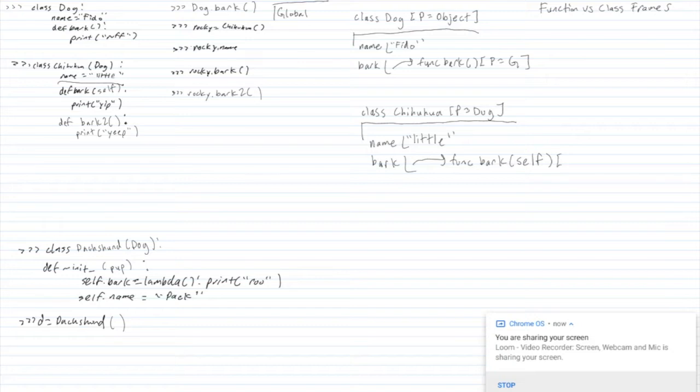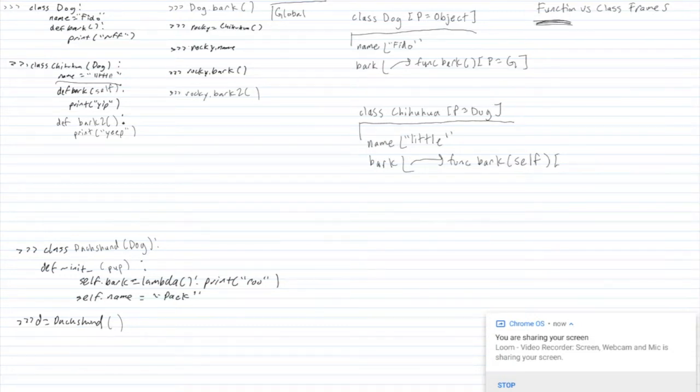And again, we are still in the global frame because we're dealing with a function definition. Then we have bark2, which is a class method as it doesn't take any arguments. And again, we're still in the global frame.